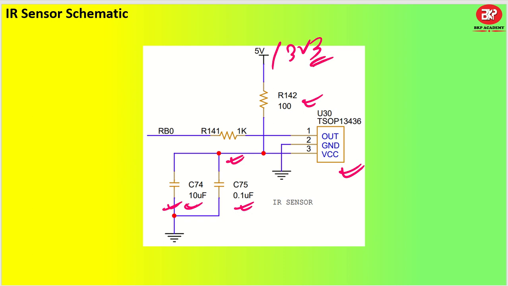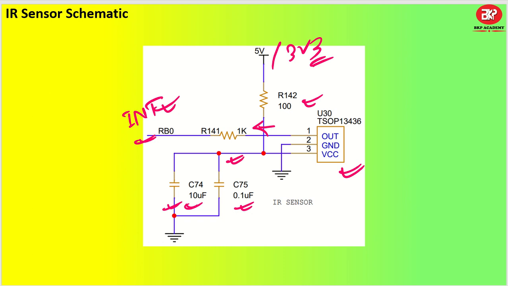And the output, after 1 kilo ohm, is taken to the RB0 pin, which is utilized in the particular applications that we had used. So this is going to be an interrupt pin. If you're utilizing high-end microcontrollers, any pin can act as an interrupt pin, so there you don't have to worry.